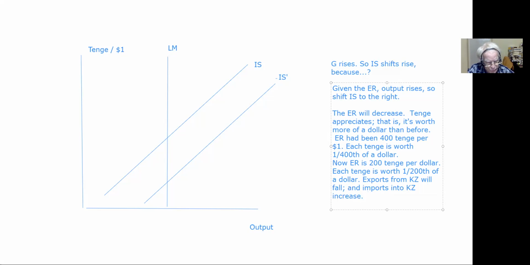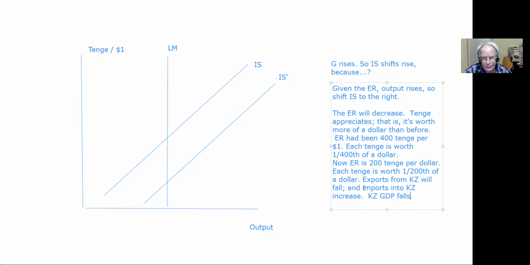So what happens to GDP in Kazakhstan? It falls. Yes, because imports become more than exports. Well, imports rise and exports fall.